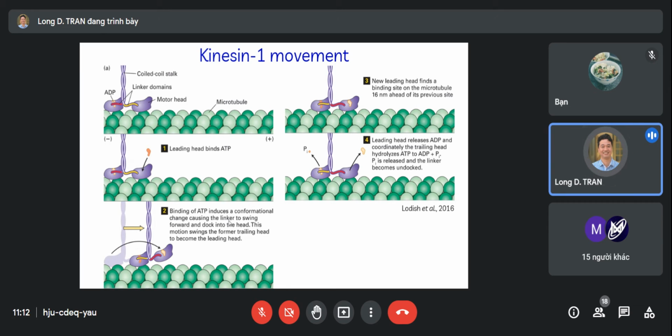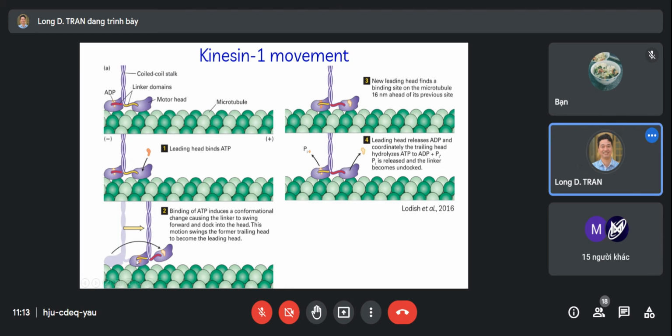From here, we can start with the leading head. At this stage, when it binds to ATP, it will bind to the microtubule very tightly, and ATP binding to the leading head leads to changes in conformation of the linker region. And the linker, as you can see here, points toward the left side. When the ATP binds to it, it will turn to the right side. It turns from left to right.